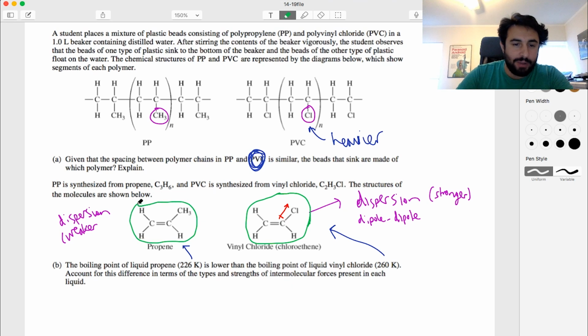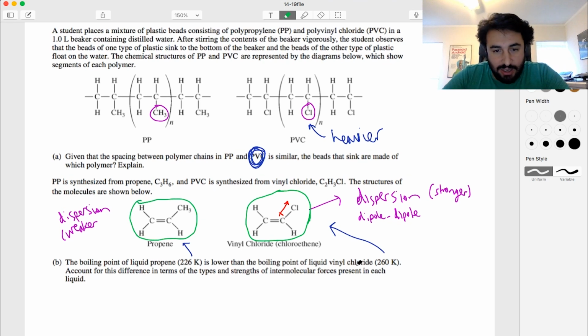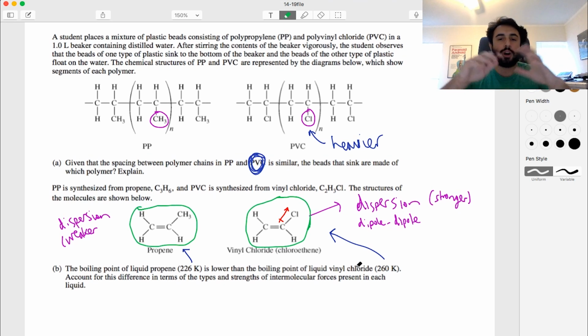The larger electron cloud is more polarizable, which results in stronger dispersion interactions. But probably more significantly is the potential for dipole-dipole interactions. We have a bond dipole, therefore we have one polar bond, therefore we must have a net dipole. And these dipoles can interact with one another.